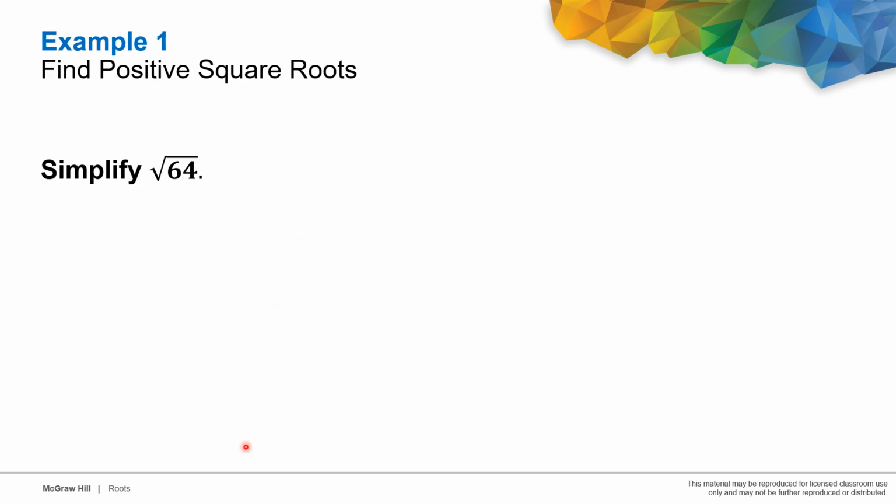All right, so here is an example. They're asking you to find the square root of 64. To do that, you would just have to determine what number multiplied by itself is 64. I highly recommend using a calculator. For most of you, you would type in 64, and then you would press the square root button.